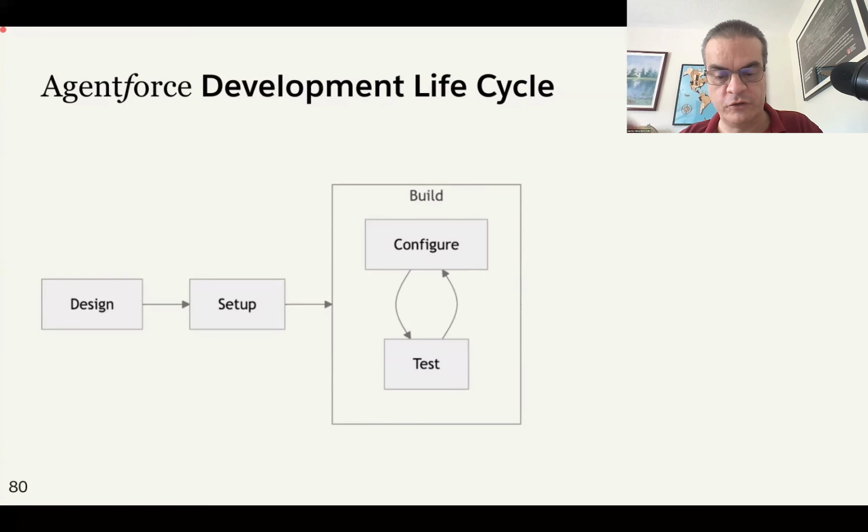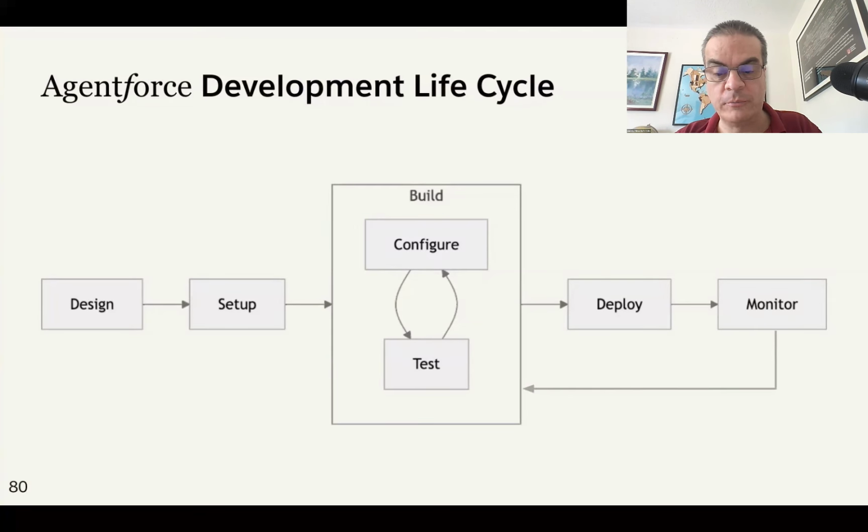You configure, test, configure, test, configure, test. Test it, it doesn't work, add an instruction or modify the instruction. Test it again, and again. Then you deploy and finally you monitor. But after monitoring, you may need to go back into building if your agents start working differently for some users than for other users. We have experienced that today.